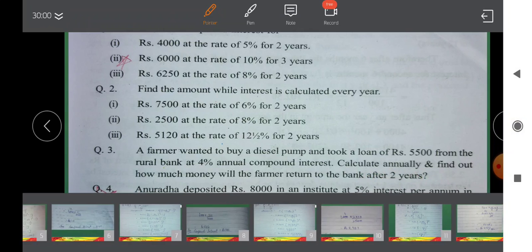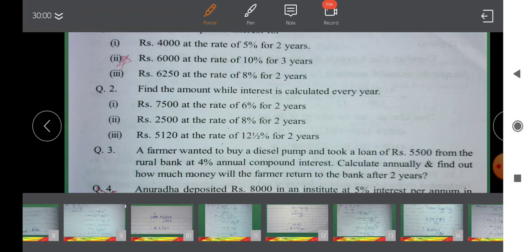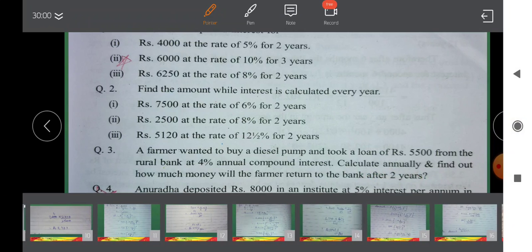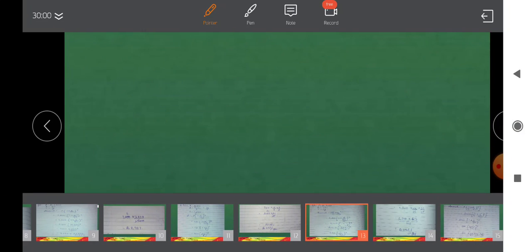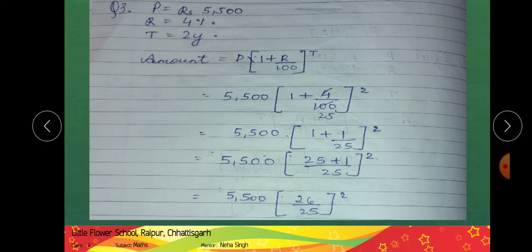So let us see how we are going to solve. Principal is given, rate is given, and also time is given, right? So principal is how much? Rupees 5500, rate is 4%, and time is 2 years.